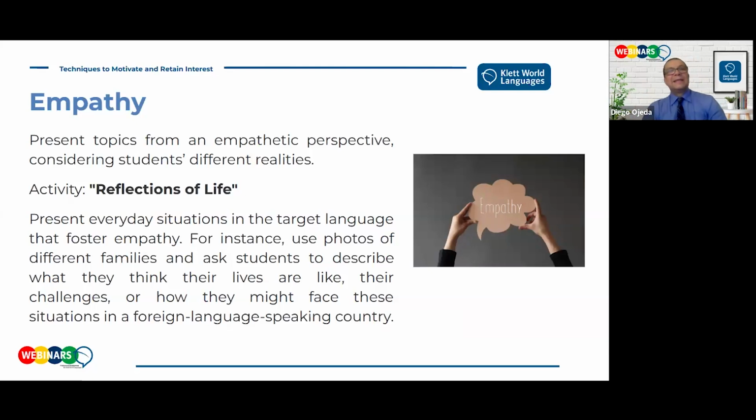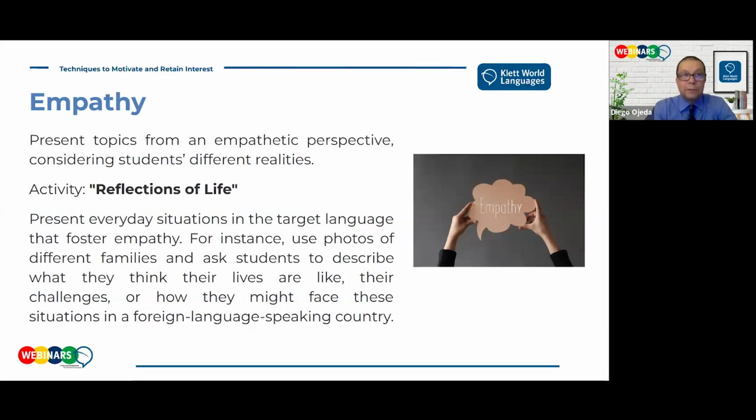All right. Empathy. So it's important also to have empathetic perspectives, considering their different realities. So when we talk about family, for example, we cannot expect every student to talk about mom, dad, siblings, because families look quite different from one student to the other. And we might have students who have two dads or two moms, or they don't have mom and dad, they live with grandpa and grandma.